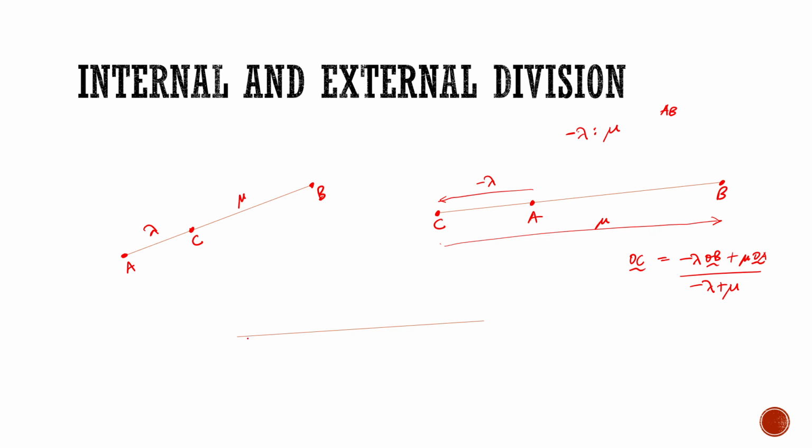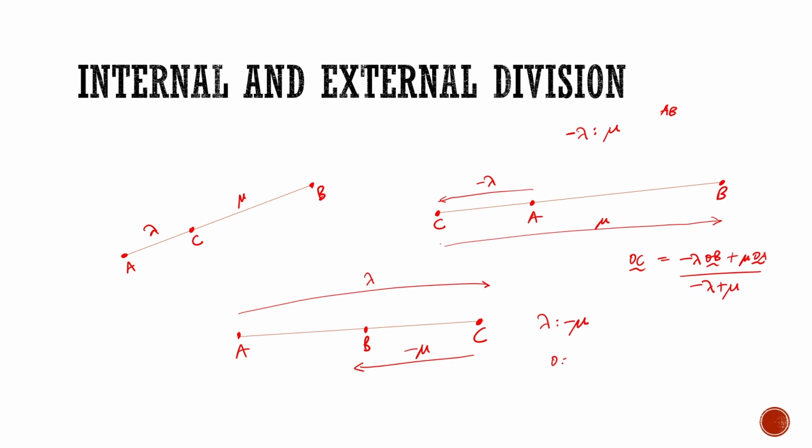And you could also have a scenario where you have A, B, and then C to the right of B. If you're dividing AB again, like I said, we move from A to C, and then from C to B. So this is going to be positive lambda and negative mu, so this would be lambda to negative mu.